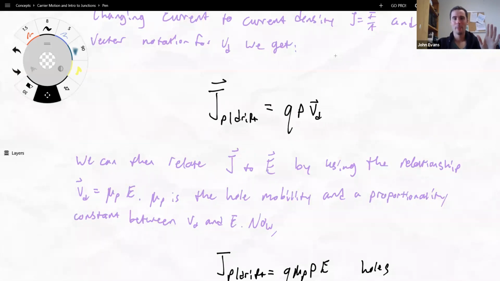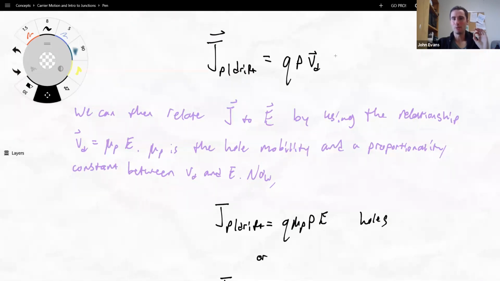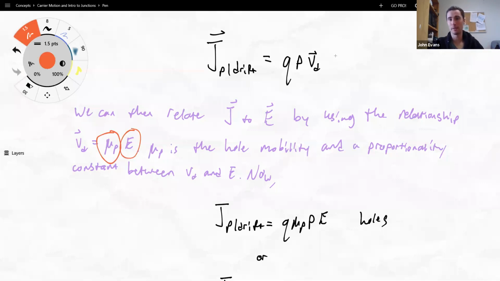So let's do that. We're going to use the relationship that the drift velocity is equal to the mobility of the carriers, which is this mu factor here, times the electric field. That's all that the mobility is. The mobility is just a proportionality constant that is used to relate the drift velocity and the electric field.